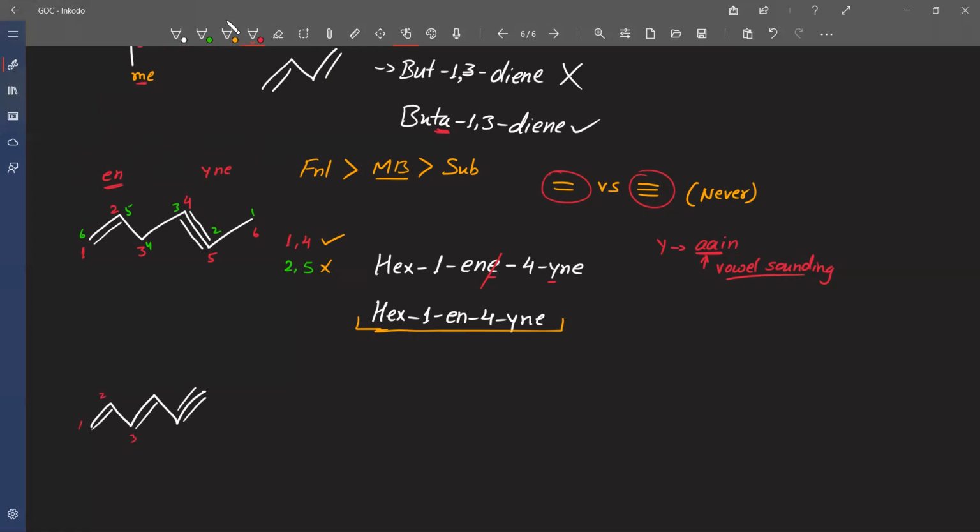See, if you start from right, even then you will get the same, 1, 3, and 5. If you start from left, even then you are getting 1, 3, 5. So whenever there is such a tie, you have to break it. And here you can see that only multiple bonds are there, so the double bond will get the higher preference. Okay, go ahead.